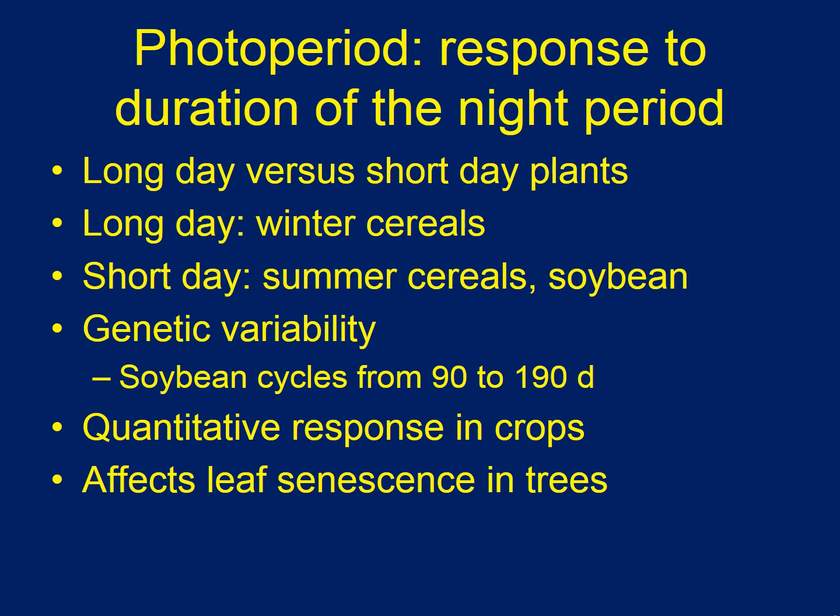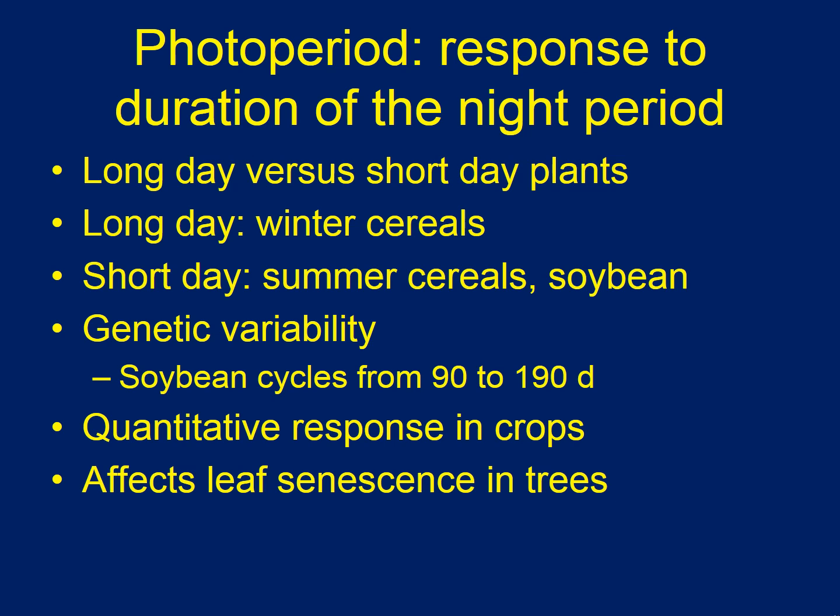In the case of soybean, the response to photoperiod allows having soybean cycles ranging from 90 to 190 days. It is important to stress the idea that the response to photoperiod is quantitative in the case of agricultural plants. And quantitative means that things go faster or slower for different photoperiods, but they do not stop completely, which would be the case of a qualitative response.